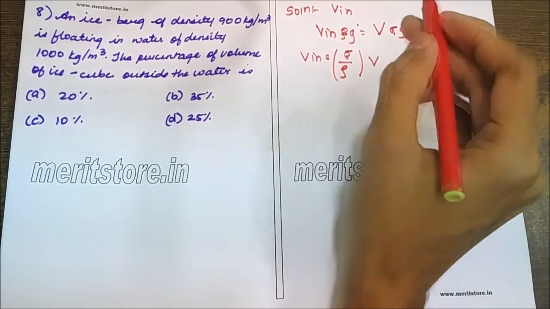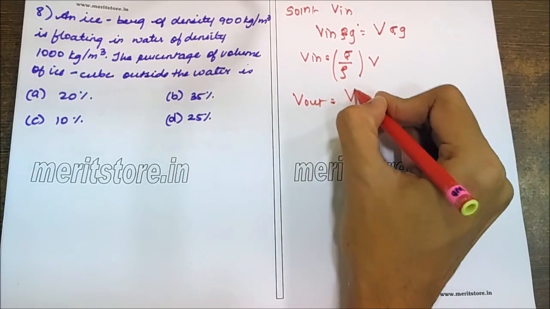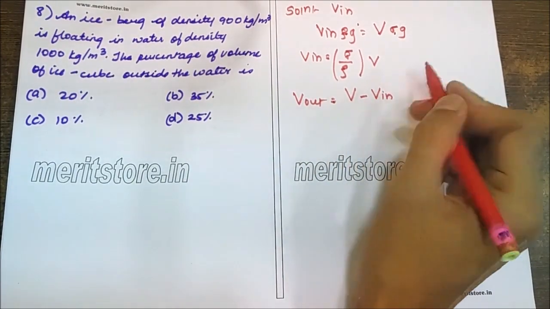So the volume outside will be equal to the total volume minus the volume inside the water.